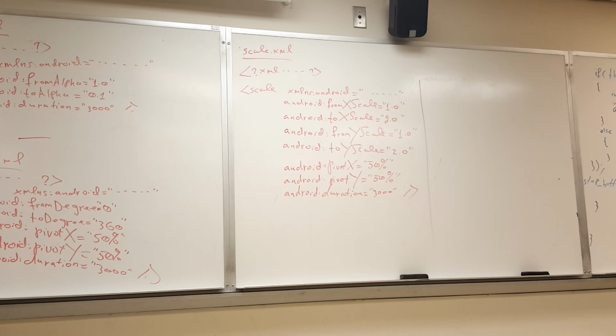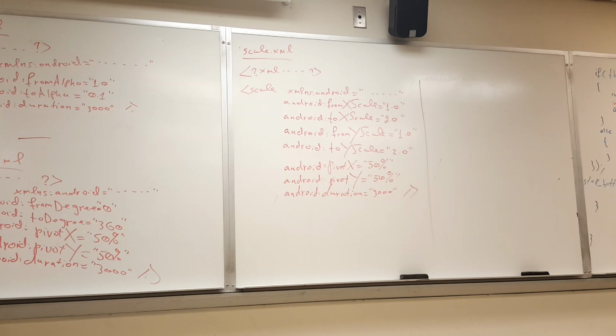We have about 15 minutes left. I want to show you how to scale down a view to half, and after 3 seconds, bring it back to the original size, okay? See how we could do that.